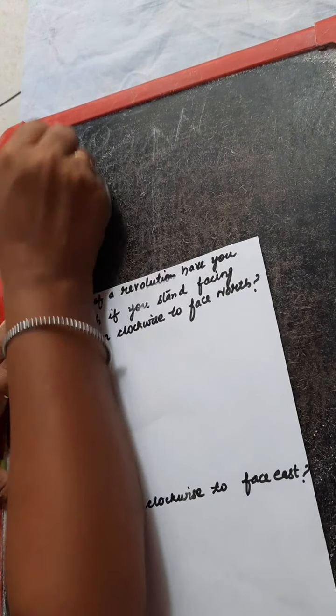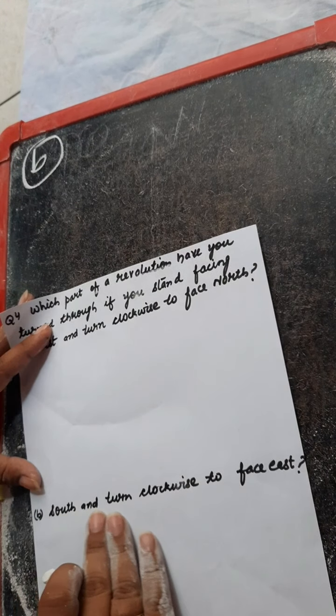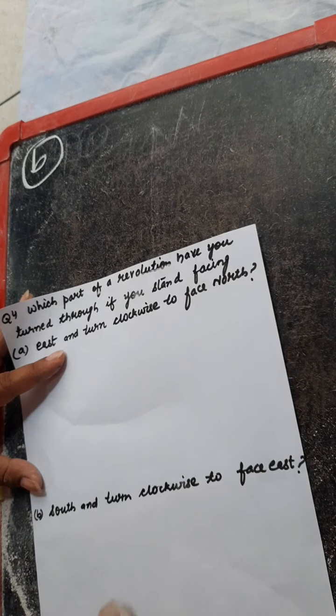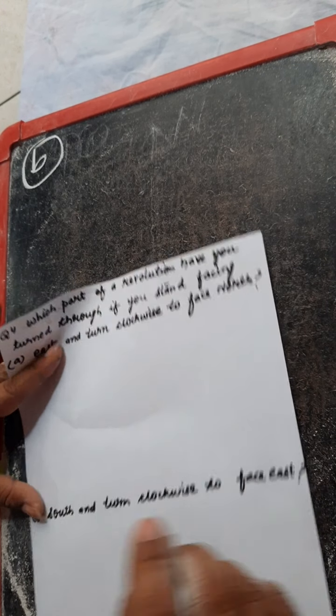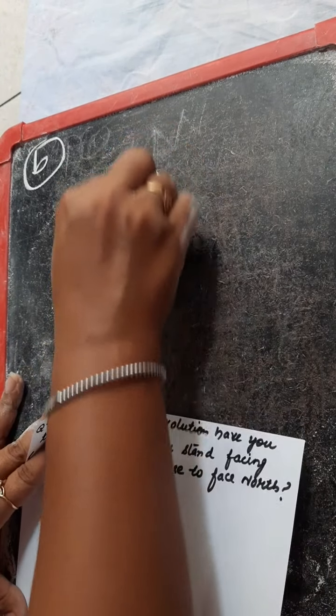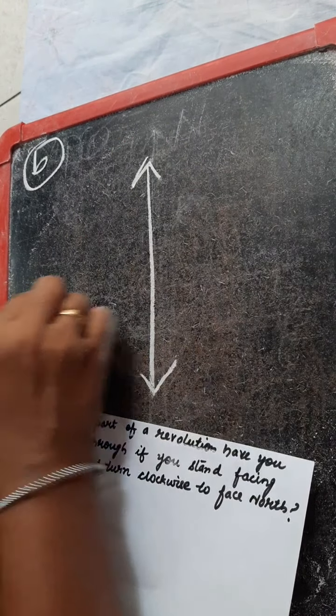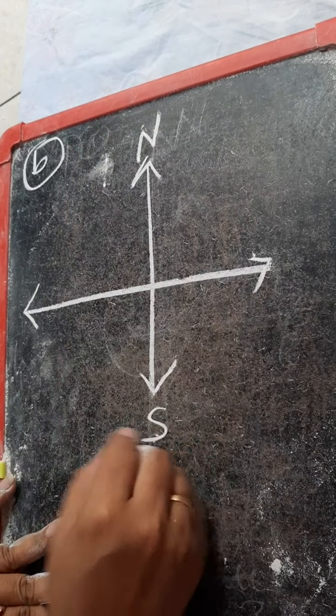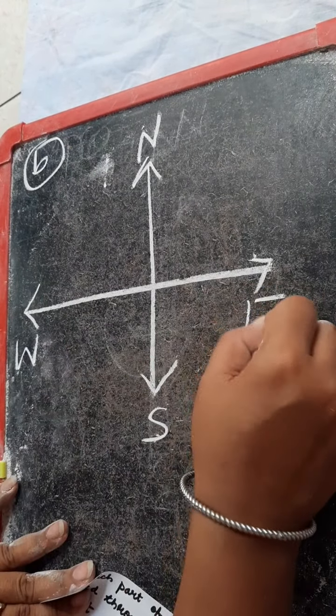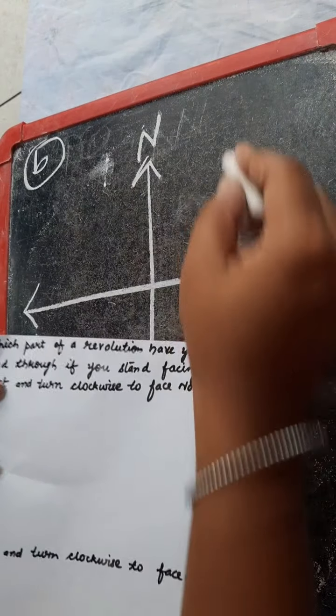B part is, which part of a revolution have you turned through if you stand facing south and turn clockwise to face east? Now here mark the directions first: north, south, west, east, and you have to move clockwise.